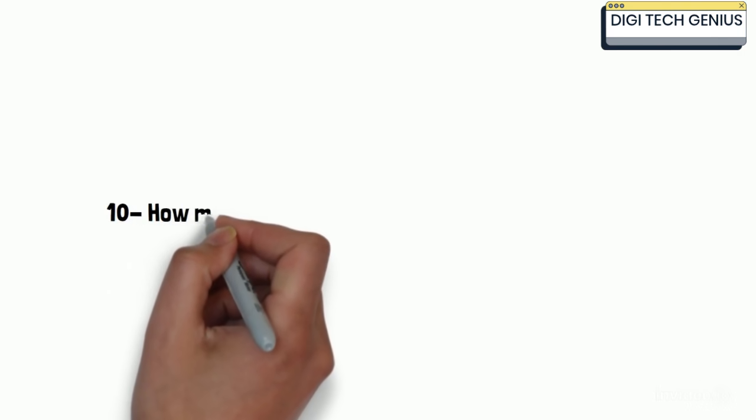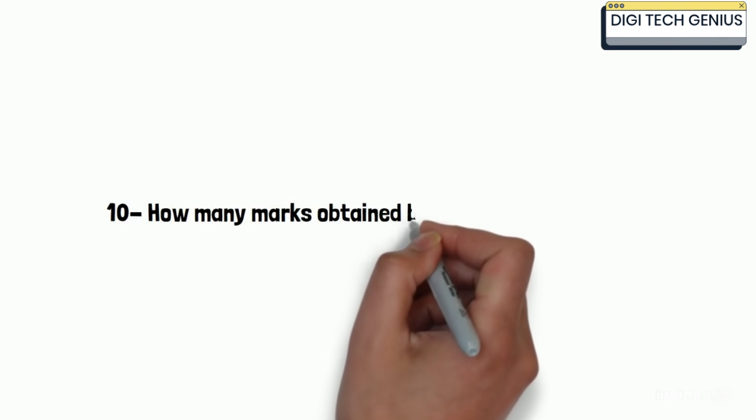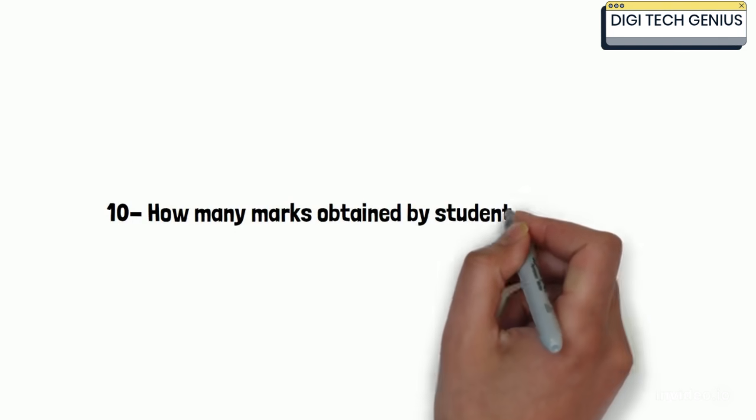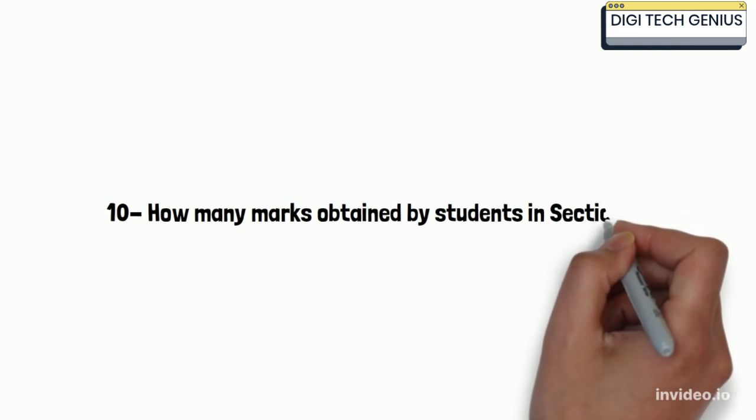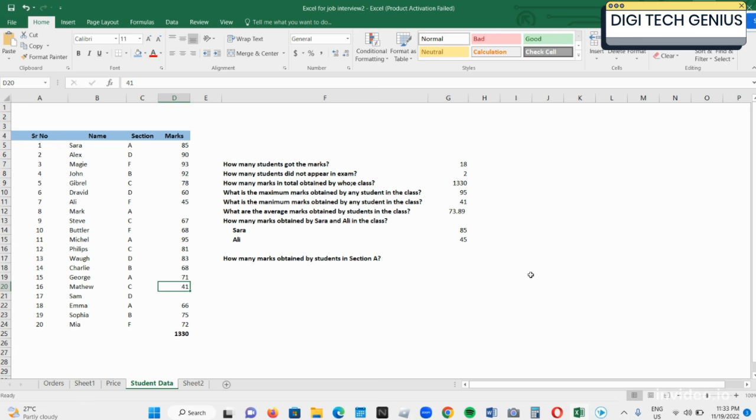So the 10th question is how many marks are obtained by all the students in section A. We have to find out the total marks obtained by any particular section. So let's see how we can calculate its answer. To answer this one, we'll use the formula SUMIF, and we open it.